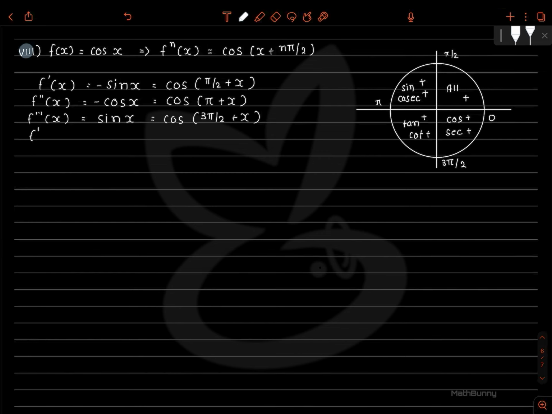And the fourth derivative is cos x, and it is nothing but cos (2 pi plus x). We can see after every fourth derivative the function returns as it is, and we can see the pattern here. So we can write the nth derivative of the function f of x would be equal to cos (x plus n pi by 2).